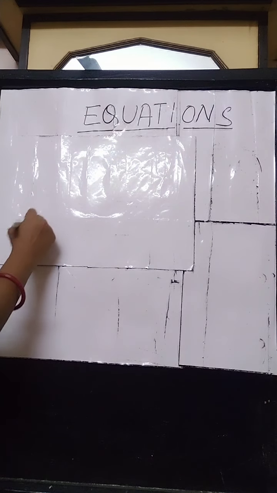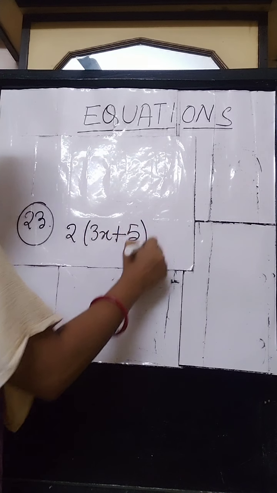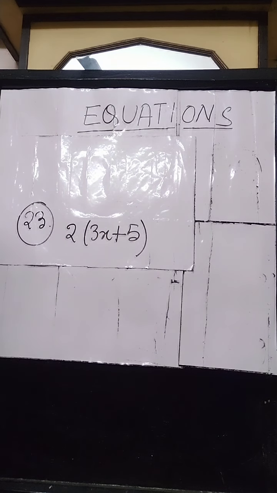Sum number 23. It is given that 2 into (3x plus 5) is equal to 8x plus 4.